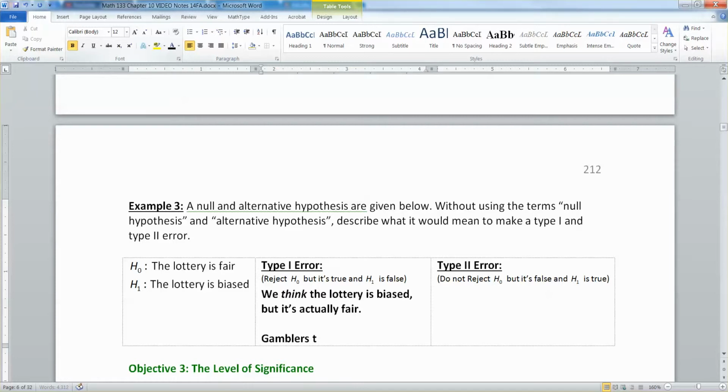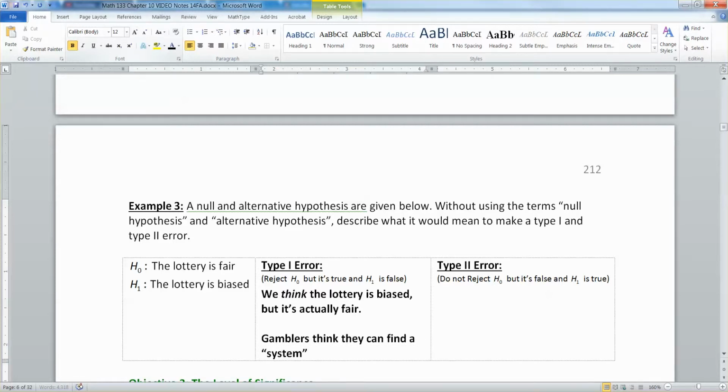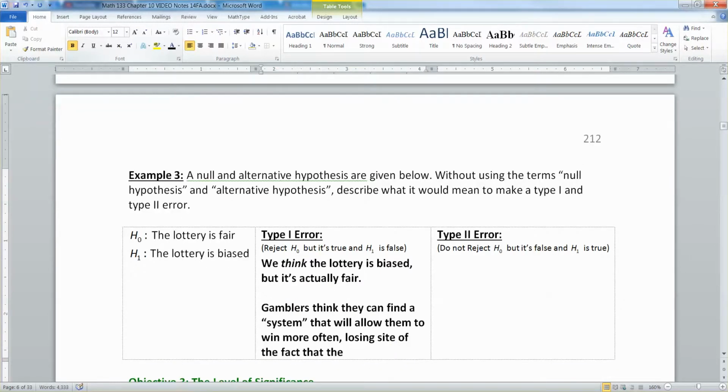So gamblers think they can find a system, quote unquote, that will allow them to win more often, losing sight of the fact that the lottery cards or they're particularly bad about this with those machines, slot machines.